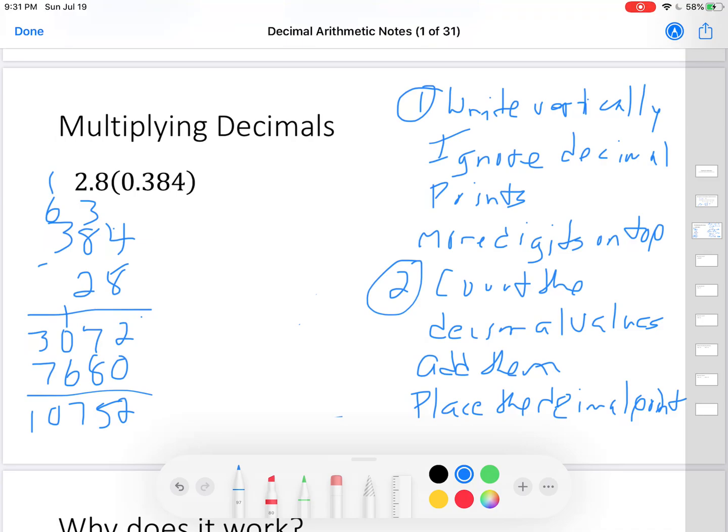It is 1, 2, 3, 4, and 1, 2, 3, 4. Therefore, it is 1.0752, 1 and 752 ten thousandths, and that is the value.